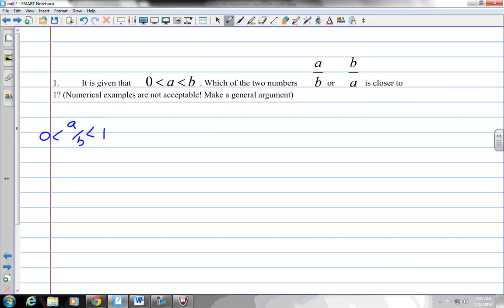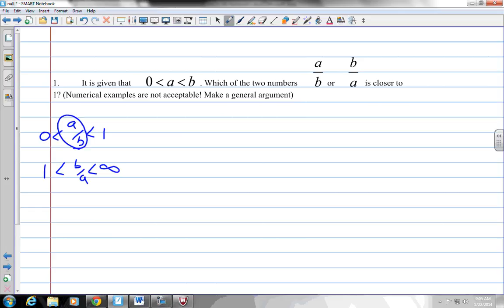No matter how hard you try, if both are positive and A is less than B, then the ratio is less than 1 but still positive. So it's a very small range for A over B, while B over A is clearly bigger than 1, but could be as large as you want. That's what she was saying. So it feels like the answer is this.